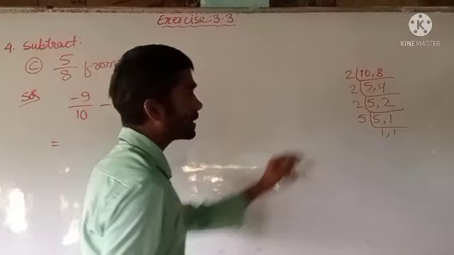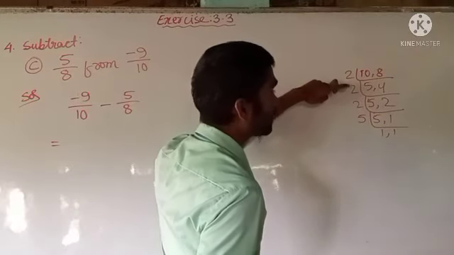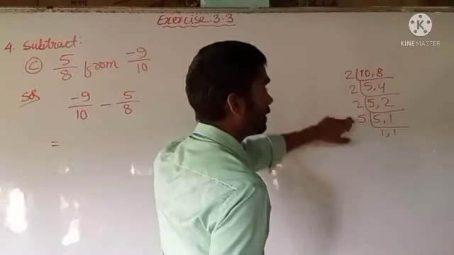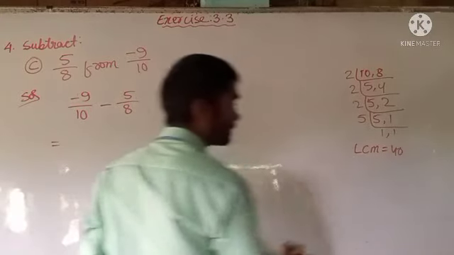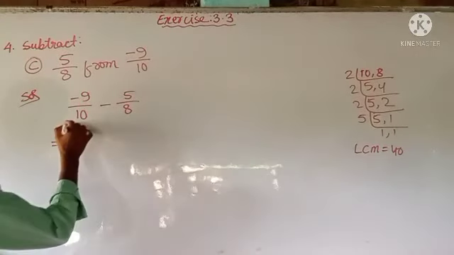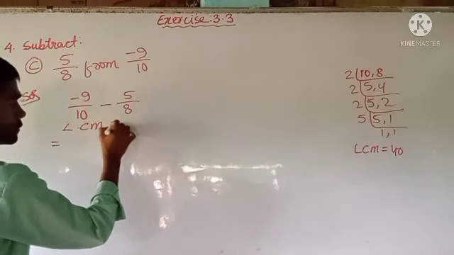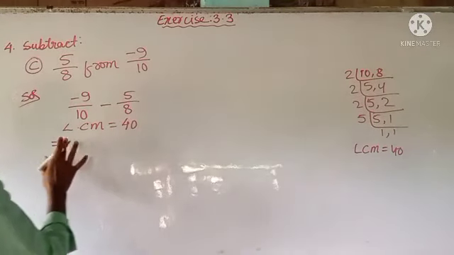So we got 2 into 2 it is 4, 4 into 2 it is 8, 8 5s are 40. So the LCM we got is 40. So we will write LCM is equal to 40.